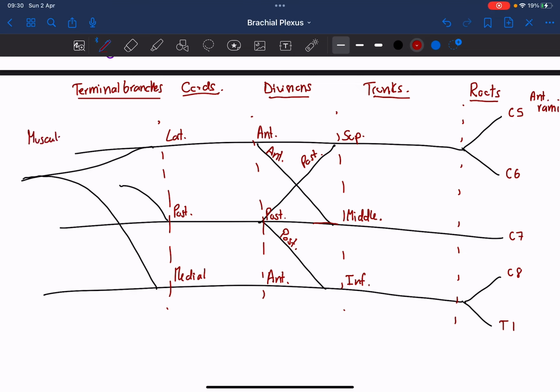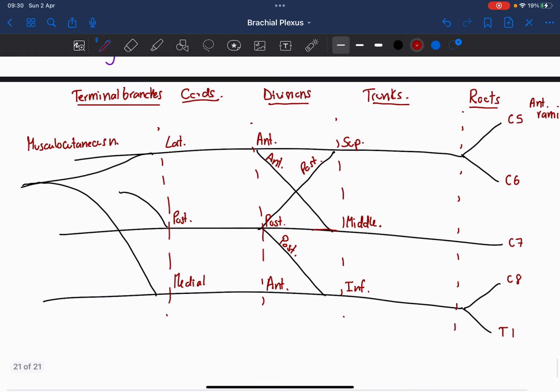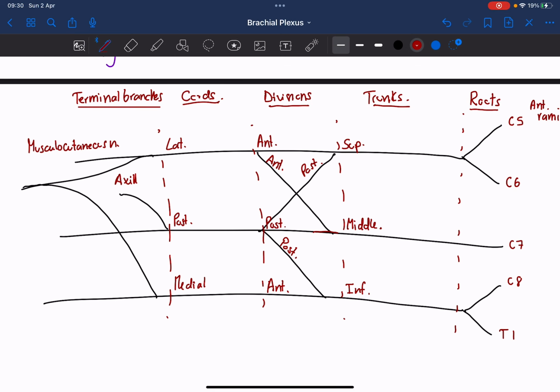This one is the musculocutaneous nerve. This is the axillary nerve, median nerve, radial nerve, and the ulnar nerve. Okay, so these are the most important branches that you should know from the brachial plexus.